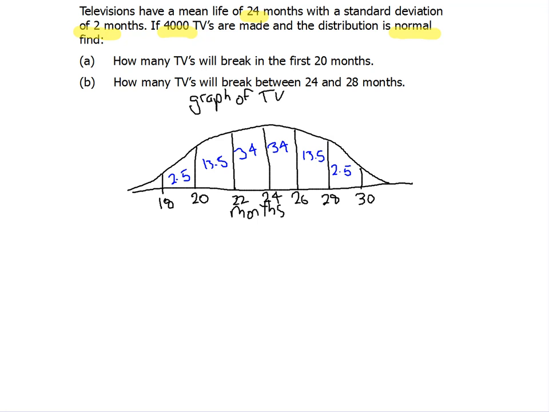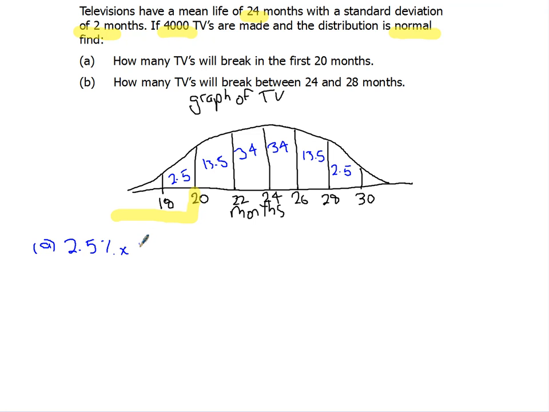It says to us, how many TVs will break in the first 20 months? So the first 20 months is up to here. So all the tellies that go from here to here, that is 2.5% of our population. So for part A, we've got 2.5, because I'm reading it from here, this is 2.5%, times our population, which in the question is 4,000.